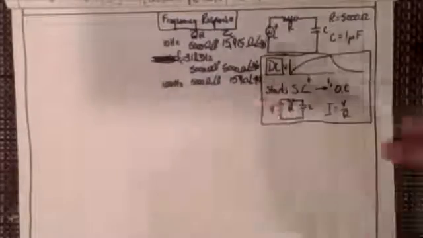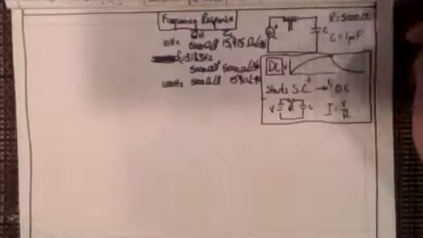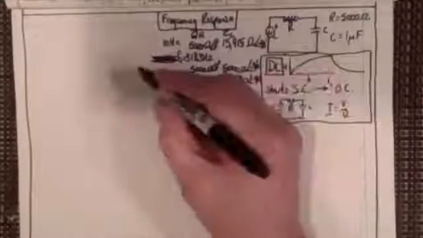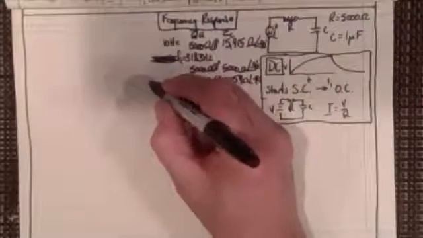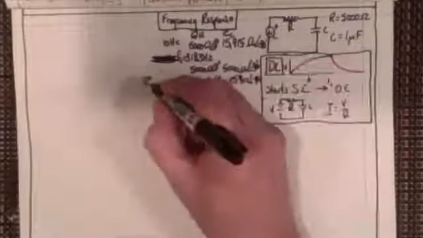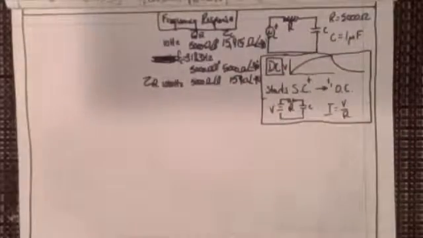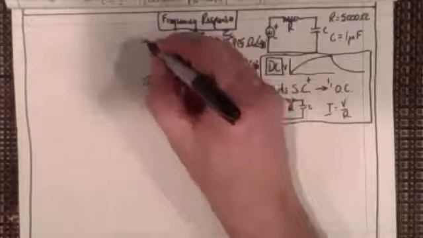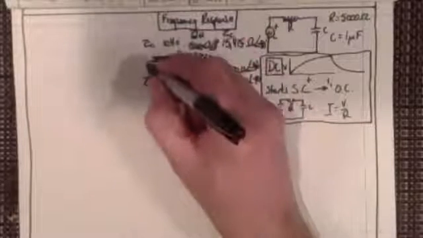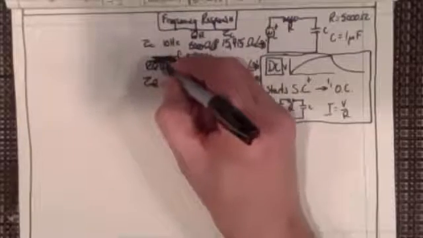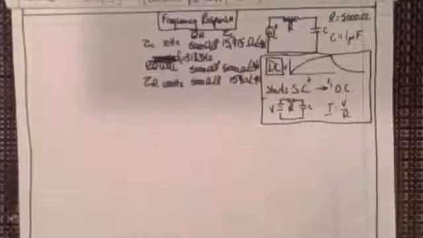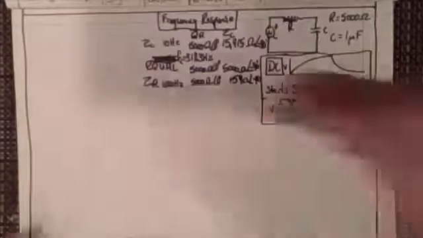And then when we went to 1 megahertz, it was even much, much higher. So what you can see is what predominates here is Z sub R, and what predominates here is Z sub C, and here they're equal.